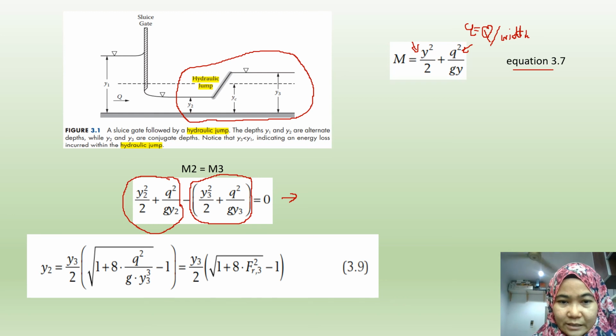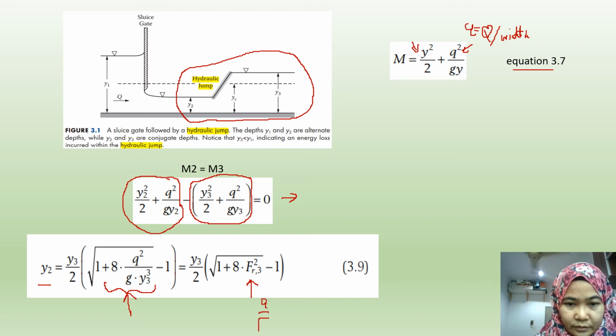When we simplify this equation, we get y2 equals y3 over 2 multiplied by the square root of the whole expression minus 1, which can also be written in terms of the Froude number, because you know the Froude number is equal to q over the square root of g y cubed.